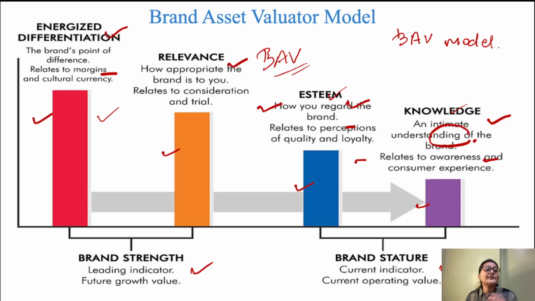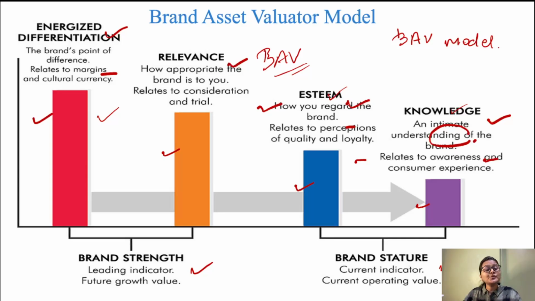So in short, the brand asset valuator model helps companies measure brand strength, what is already good about a brand, and then they can build better branding strategies based upon how consumers actually see the brand. That can help consumers go towards brands that make products according to their needs and demands, and they can become loyal towards that brand.